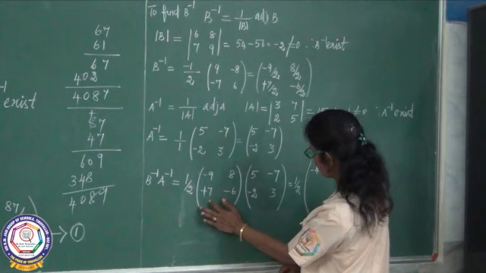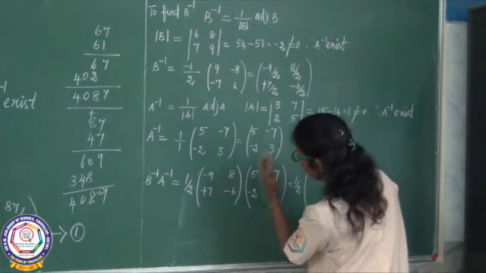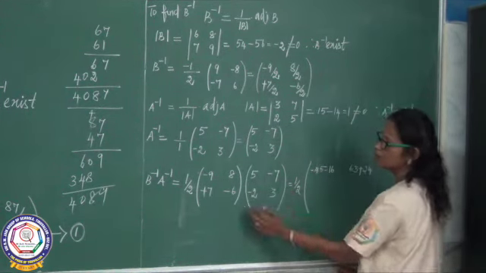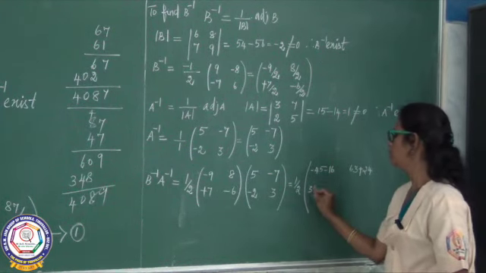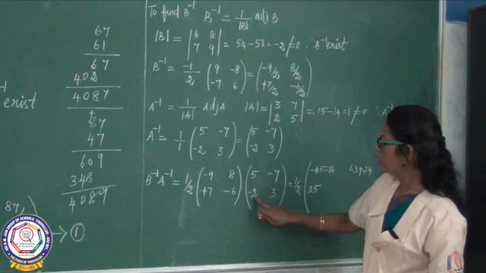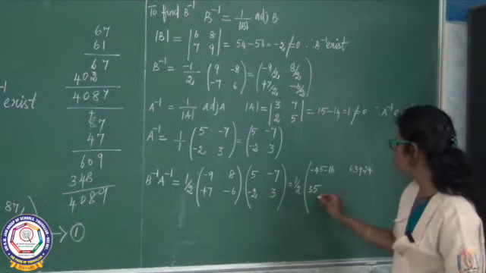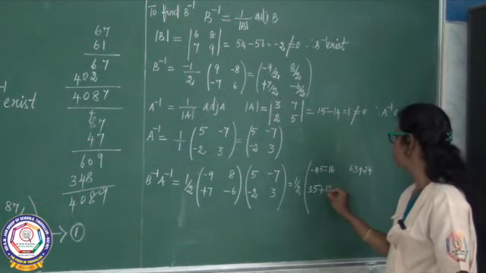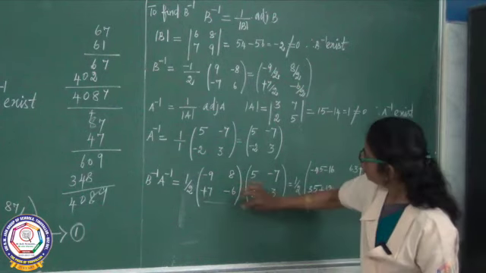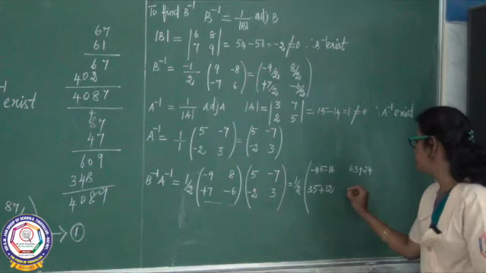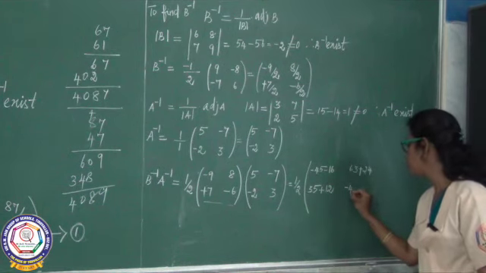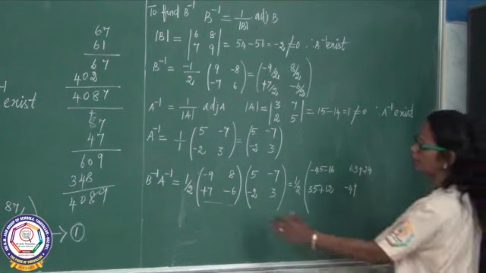Next, second row, first column: 7 5s are 35, minus into minus plus 6 2s are 12. Next, second row, second column: 7 7s are 49, minus is there, so minus 49.